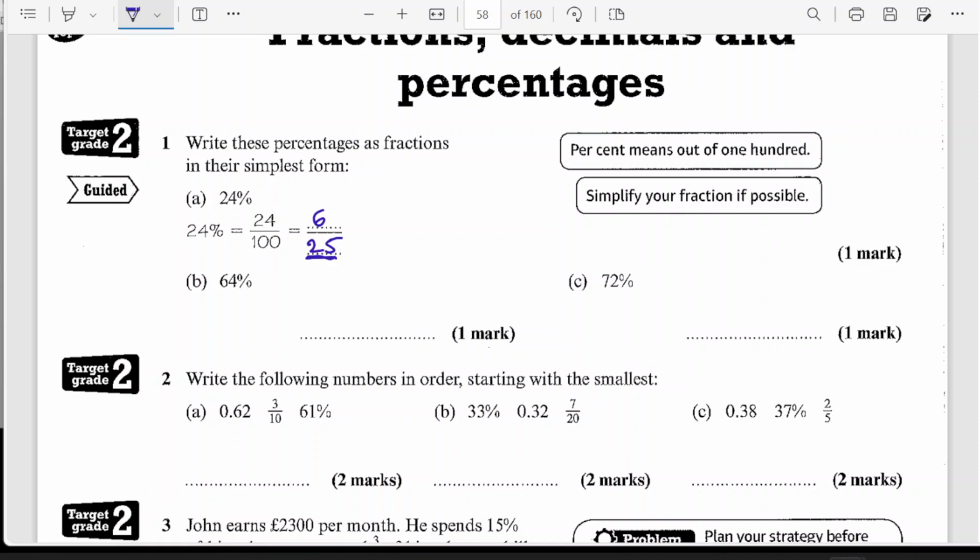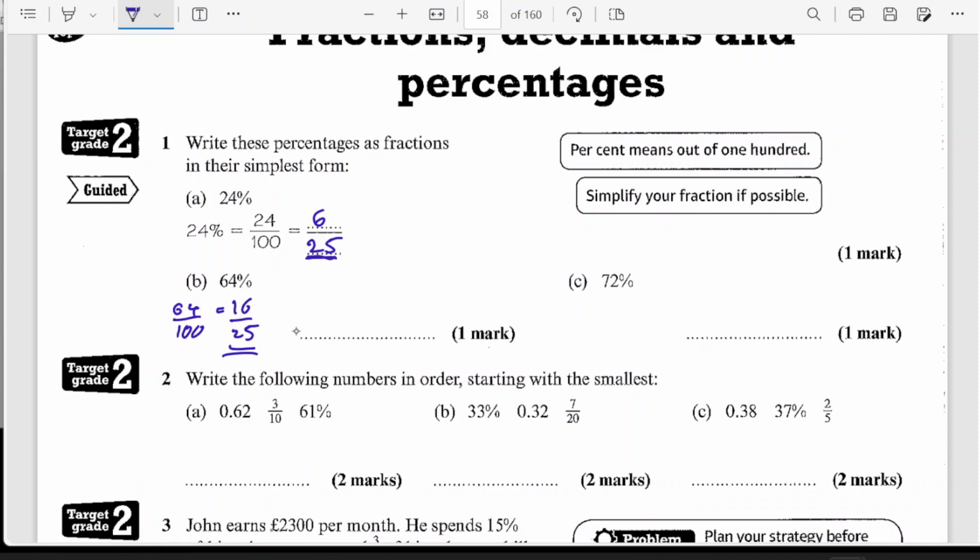That's absolutely fine strategy. For part B, 64%. So that's starting out as 64 out of 100. And then we're looking for common factors, and 4 is going to go into both of them. 4 goes 16 times into 64 and 25 times into 100, so that's going to be 16 out of 25.